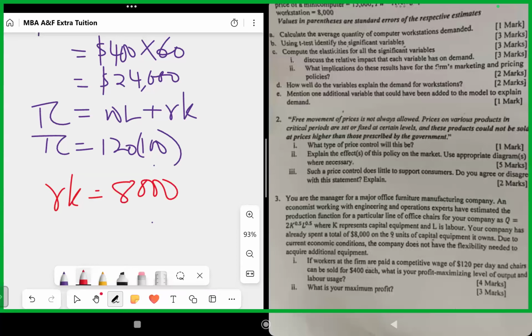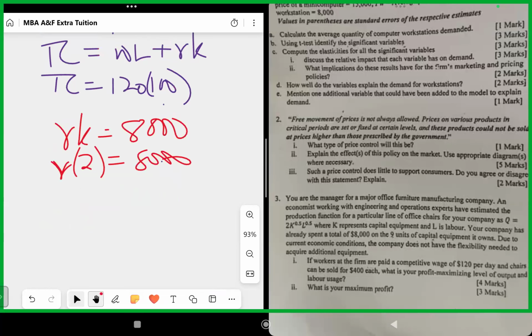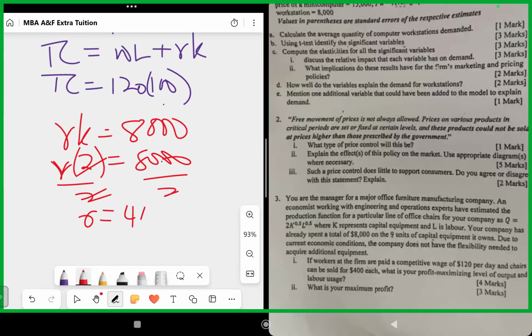If the RK is equal to 8,000 and the K is 2 units, we don't know the R, right? It's going to be 8,000, then we divide both sides by 2, so R will be equal to 4,000. No, sorry, what a mistake.